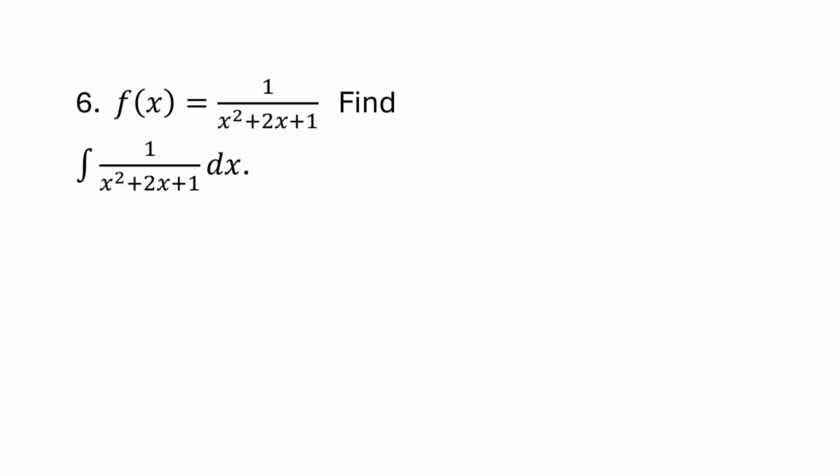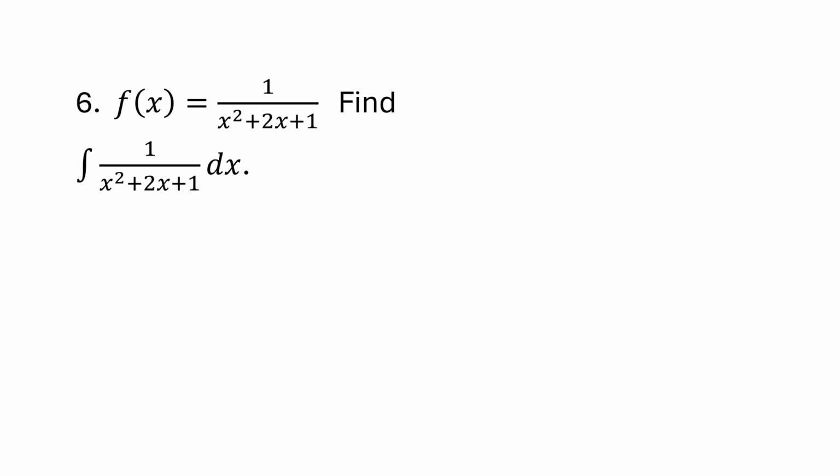Okay, now we're going to start with some fun. F of x equals 1 over x squared plus 2x plus 1. Find the integral of 1 over x squared plus 2x plus 1 dx. You may want to give some thought to this one, but it's not really that hard.